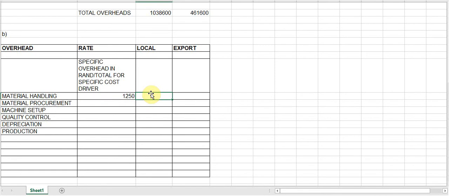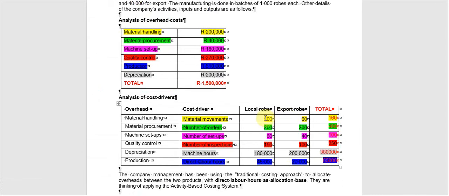That gives you a rate of 1,250. I'm going to take the 1,250 to each of the products because I must use it. And now it needs to be multiplied by the specific cost driver to this product. If I go back, it was 100 for the local robe and 60 for the export robe.